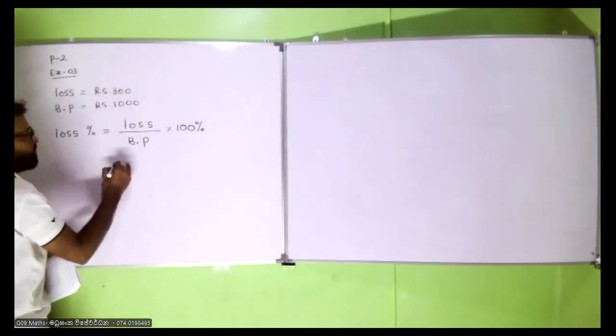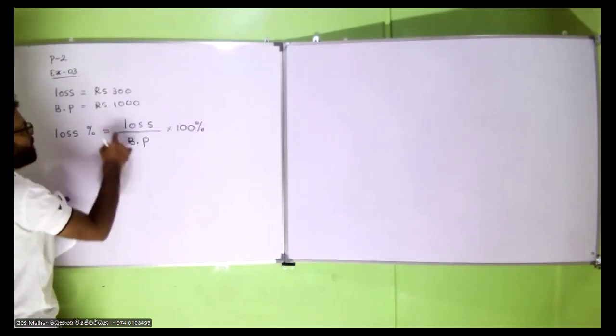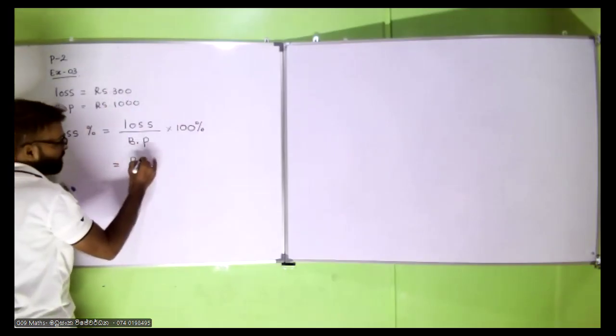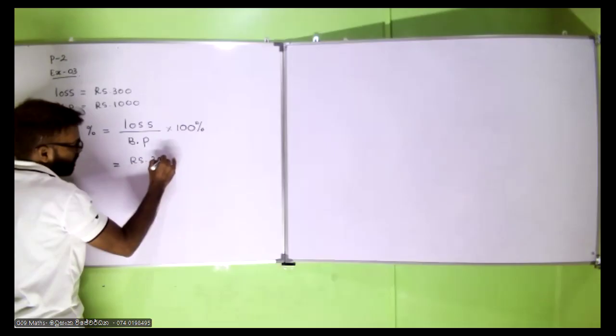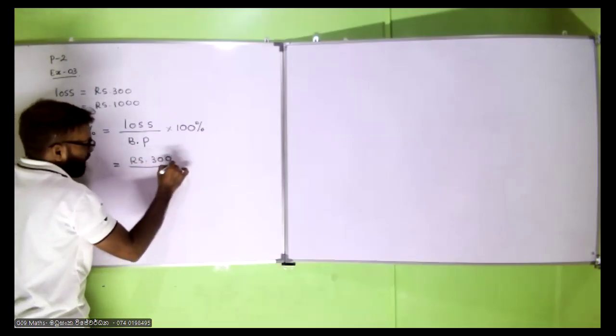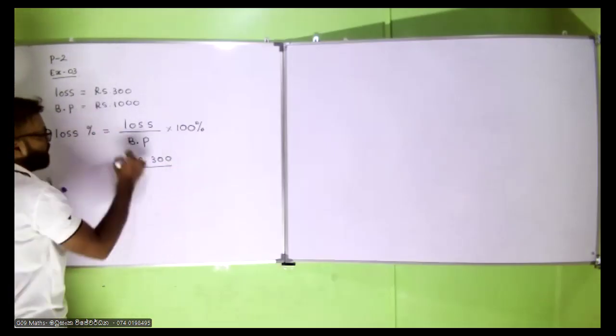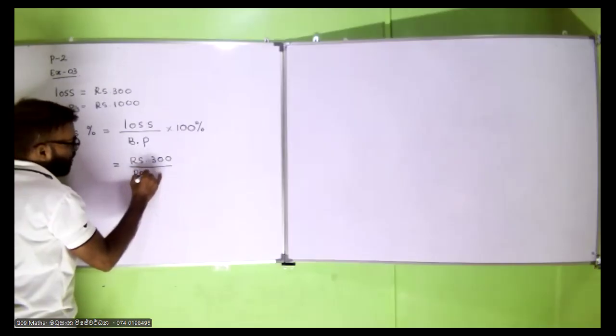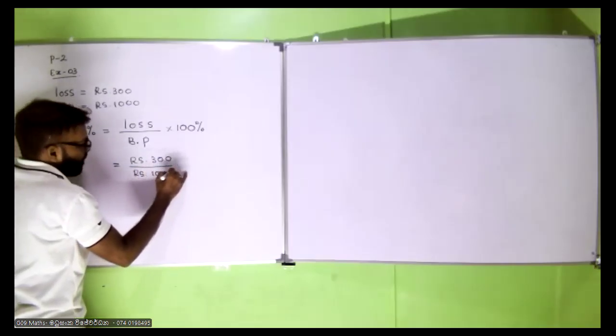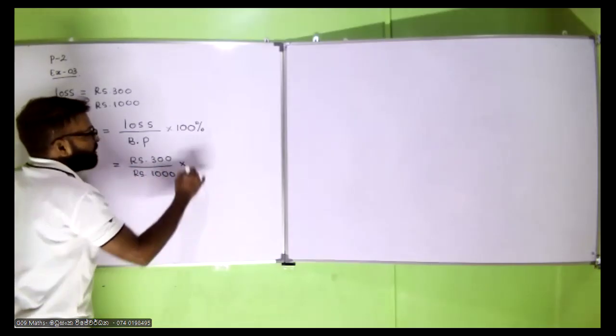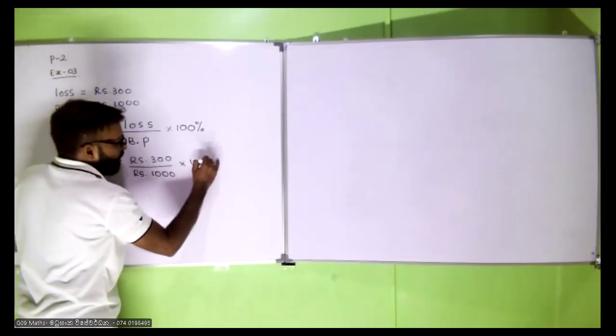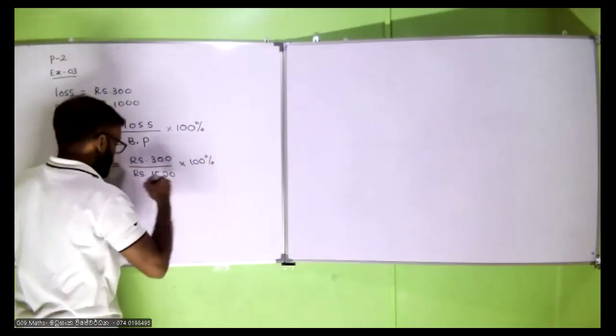So loss percentage equals loss 300 rupees divided by buying price 1000 rupees, multiplied by 100%.